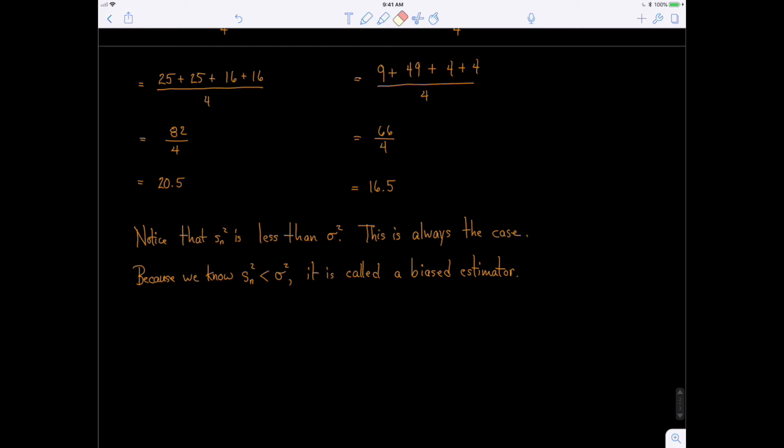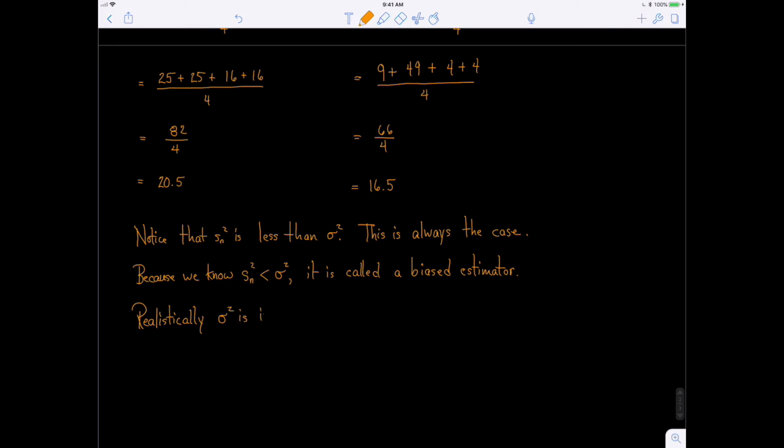there's actually a problem here, because notice this. Realistically, sigma squared is impossible, because it's based on mu, which is impossible. I mean, we can try. We can get really close to it.